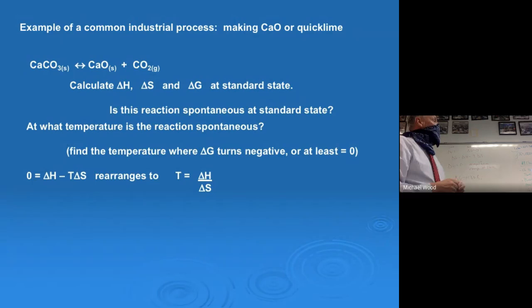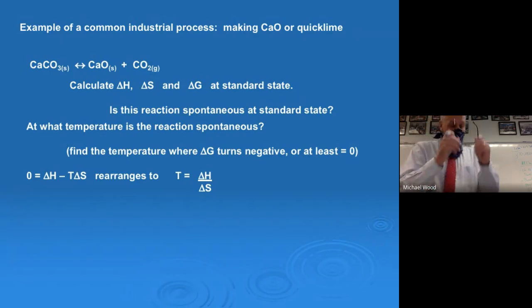So the question is to define the temperature where delta G turns negative, or at least where it's going to be 0. In solving for this, the value for delta H is 178.5 kilojoules.